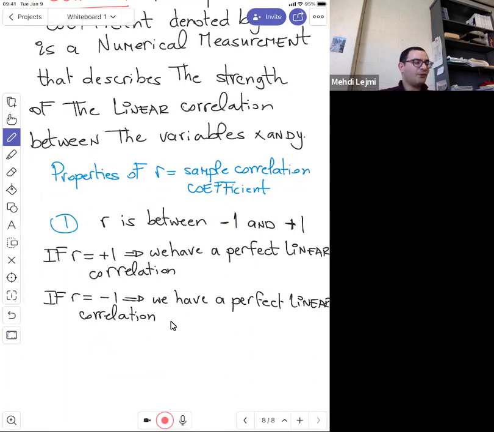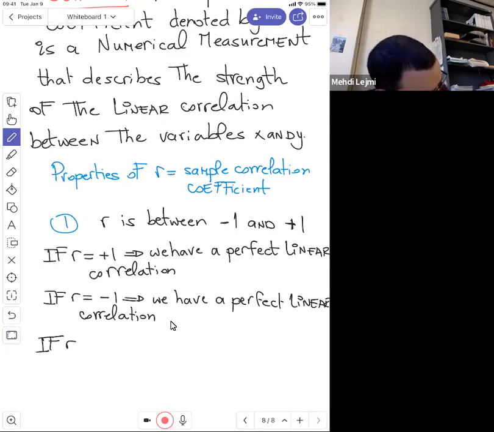Now, if R is very close to +1 or very close to -1, then the relationship between X and Y is close to linear. It's almost linear. I'm going to show you how to compute this number R in minutes.